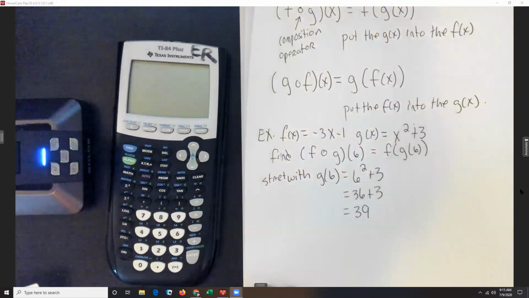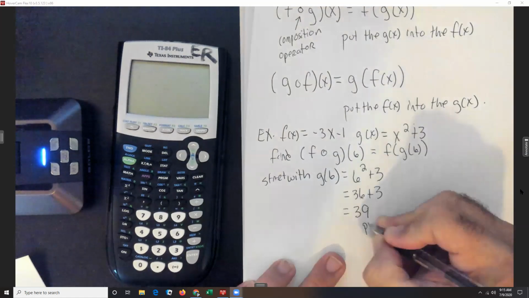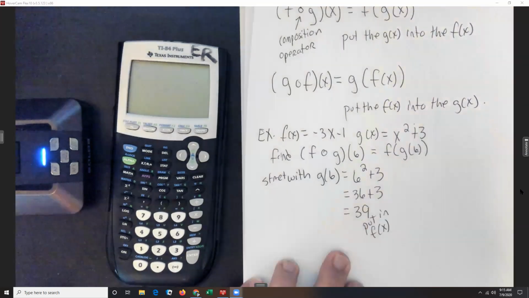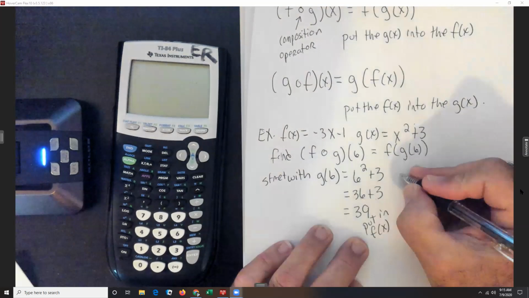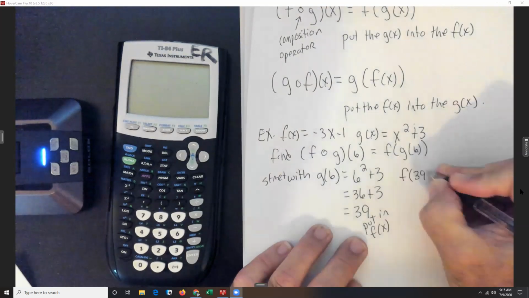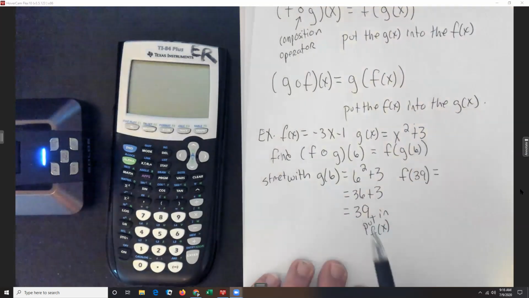So now, this 39, we're going to put the 39 into the f of x equation because that's the answer we got. So that means I'm going to find f of 39. Right? I found g of 6, it equaled 39.